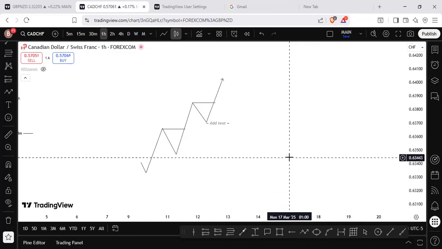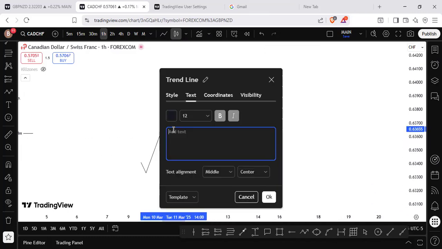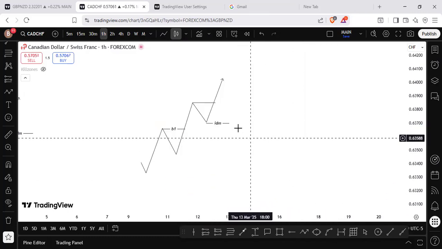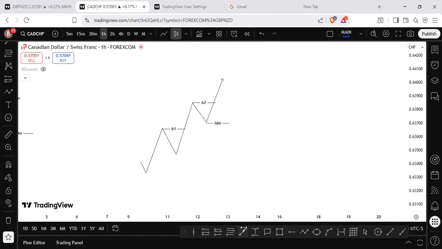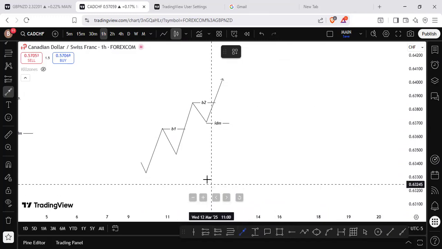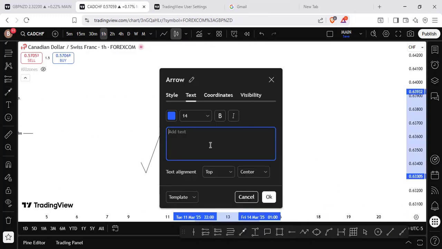So that's the definitions from yesterday: B1, breakup structure 1, B2. So this is your bullish structure.